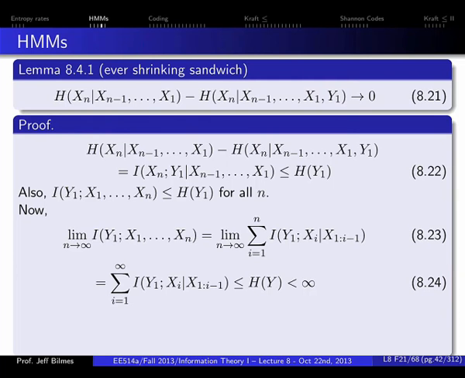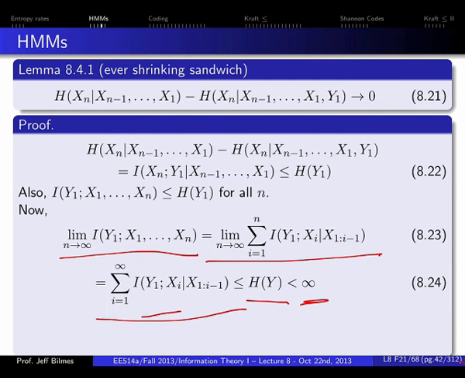So now if we take limits, well, we use the chain rule of mutual information here, which is equal to this sum here, which is less than or equal to the entropy of y, which we know from assumption is going to be less than infinity.